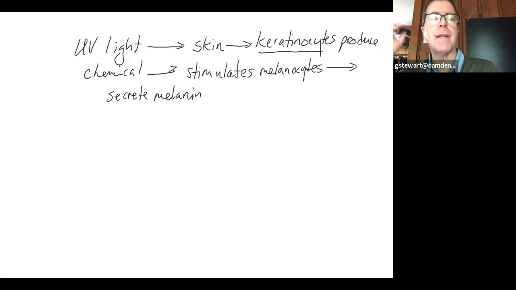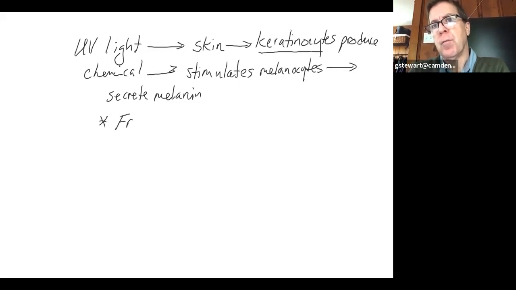And then that melanin is just this pigment, this sort of gooey, dark substance that absorbs UV light and absorbs heat and dissipates that as heat to protect those stem cells and melanocytes. Almost finished with this pigmentation bit.